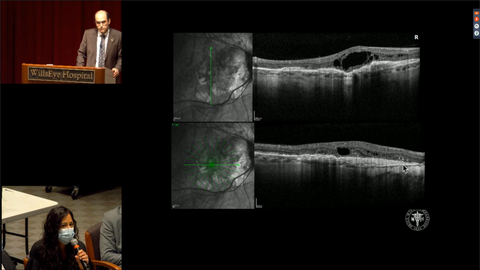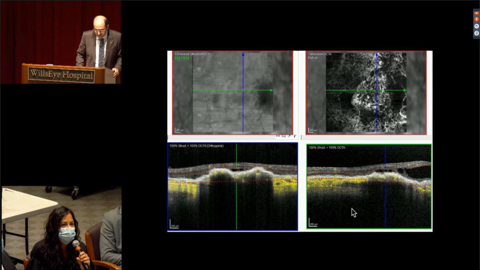And then again, this really highlights how thin the choroid is here. And you really get this increased transmission through this area of thinning here. So, you can see the photoreceptors, the ellipsoid zone is kind of abruptly stopping here, and we get significant loss of those layers.